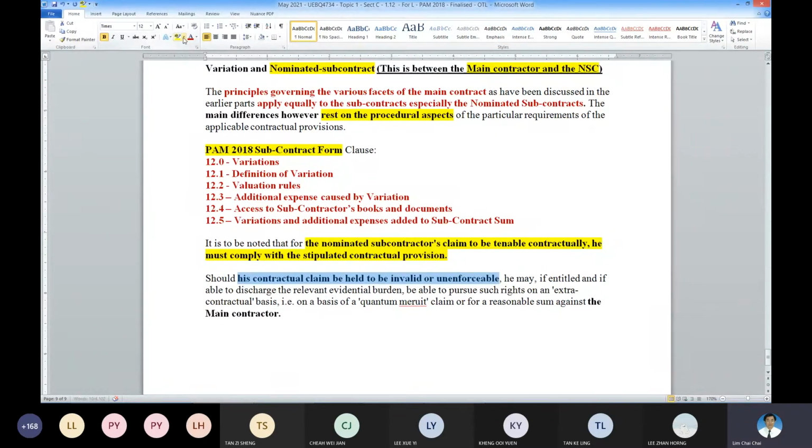So I mentioned again and again, what we are talking about now is a contractual claim that could be invalid due to timing, or due to certain procedure not complied with. What will happen? If the contractual claim is invalid or unenforceable, then there is a procedure under the extra contractual basis.